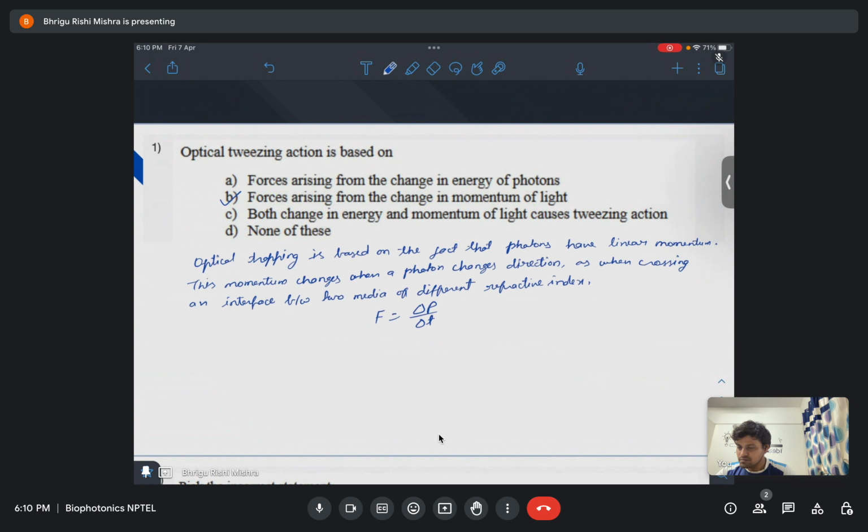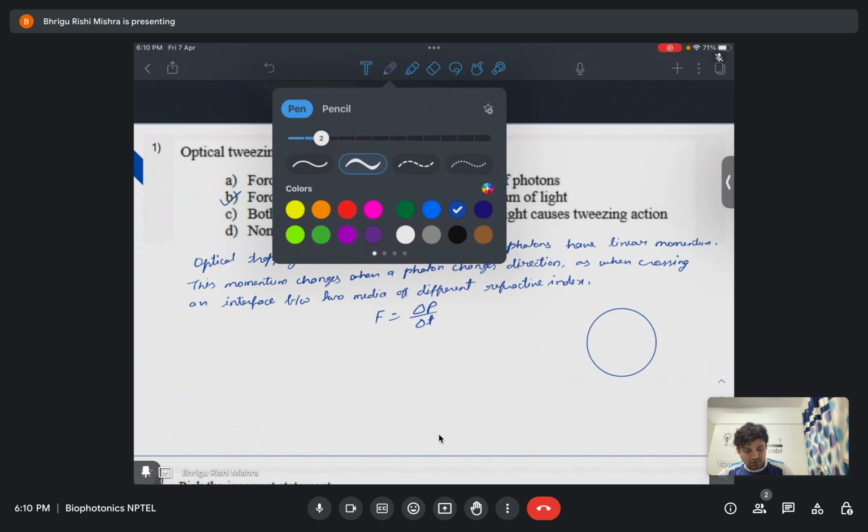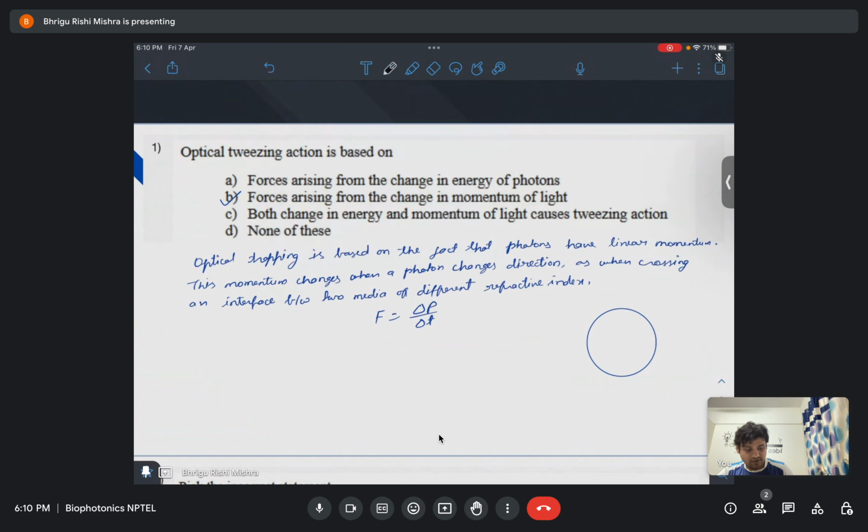Now, you have seen this diagram in the lecture video. Suppose I have a spherical particle. Two photons are coming from each side.